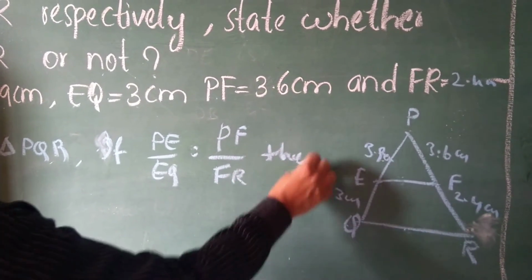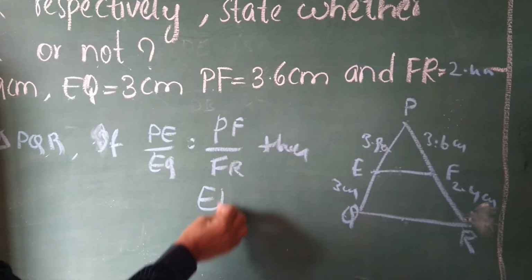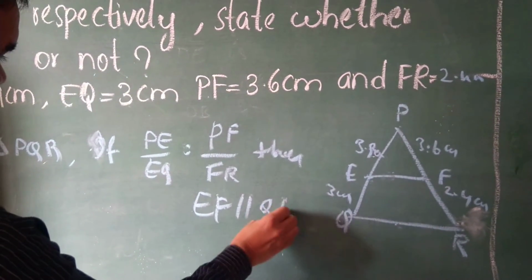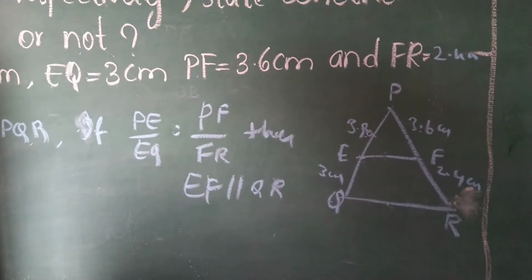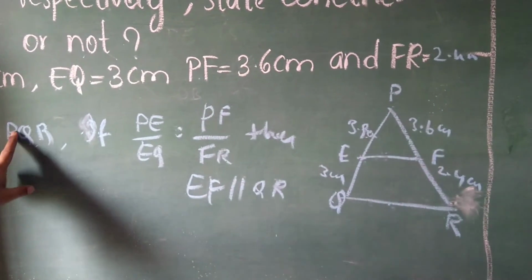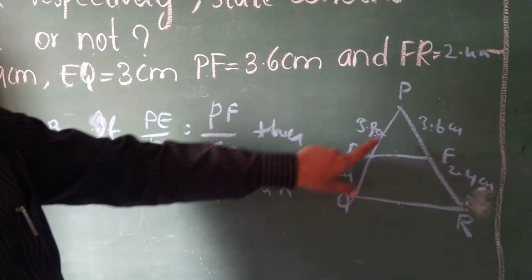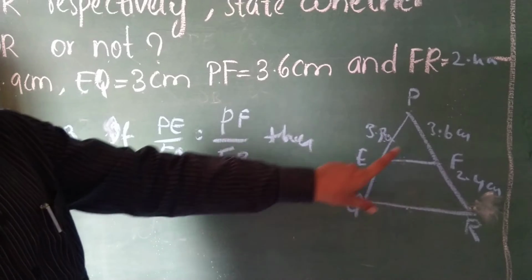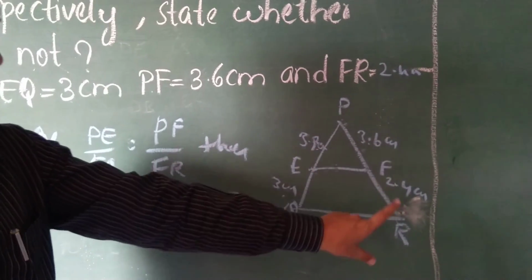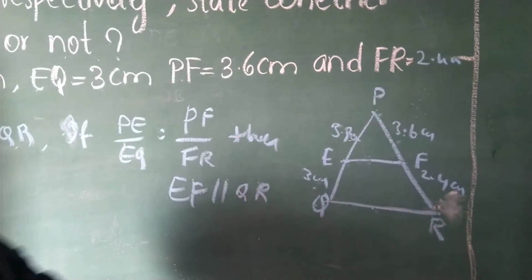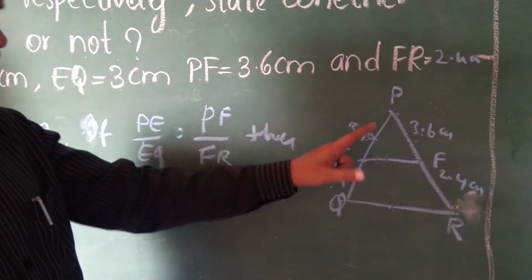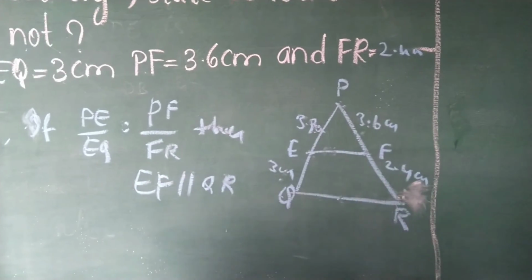If the ratios are not equal, the lines are not parallel.